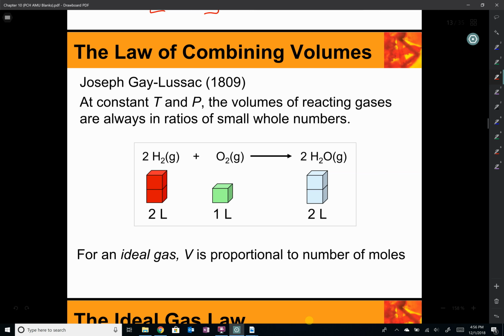If we have a balanced chemical equation, we can assume that our stoichiometric coefficients are equal to the number of liters of those gases present. Now we are making some assumptions with all these cases, but it's something important to recognize. If we're dealing with gases, we can assume our stoichiometric coefficients are equal to volume.